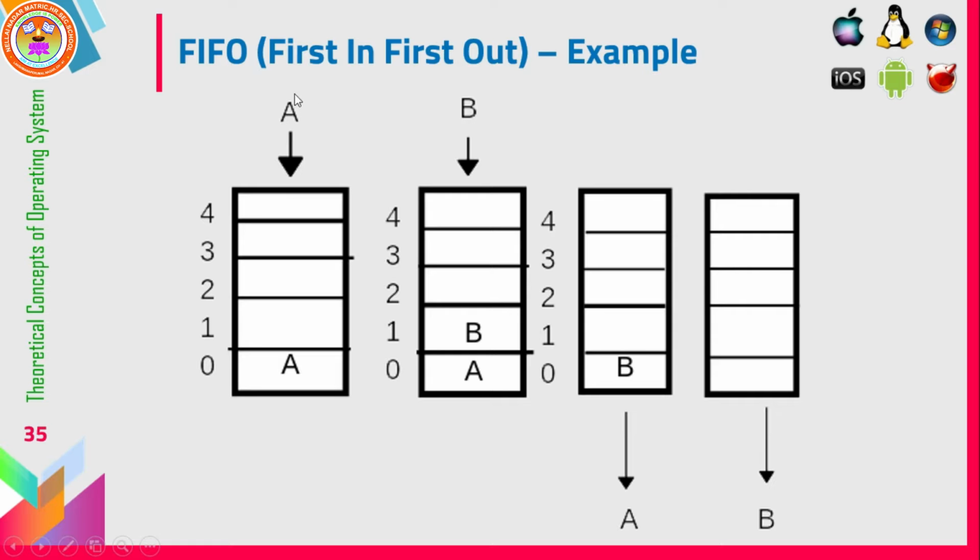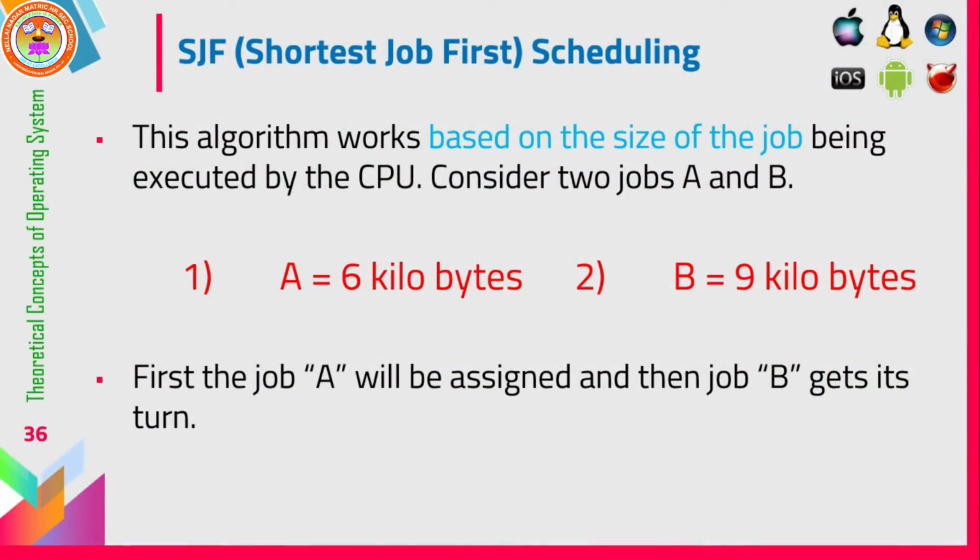A only, so A comes out first, then B. This is an example of first in first out, which is also called the queuing technique. Understood?